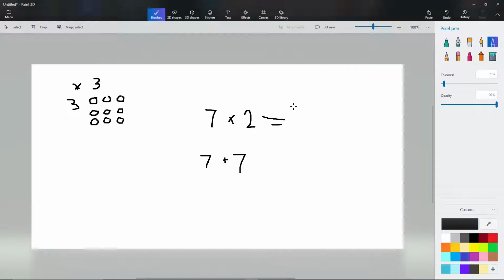This will equal 14, as represented by the grid structure. It'll become 14.